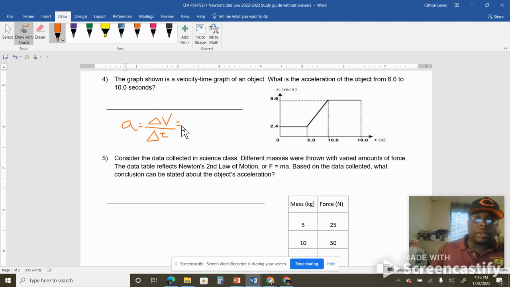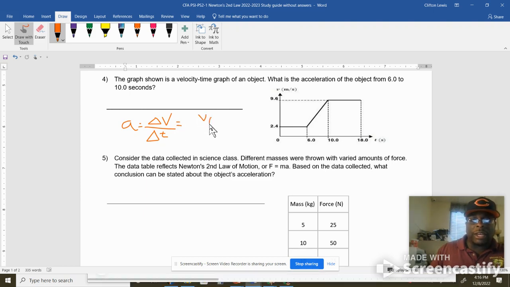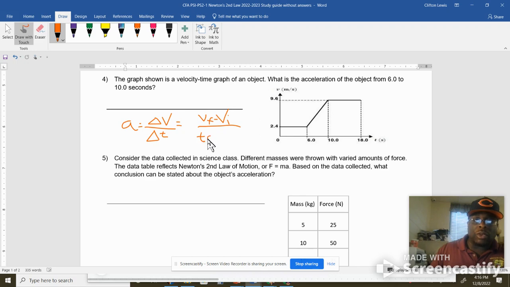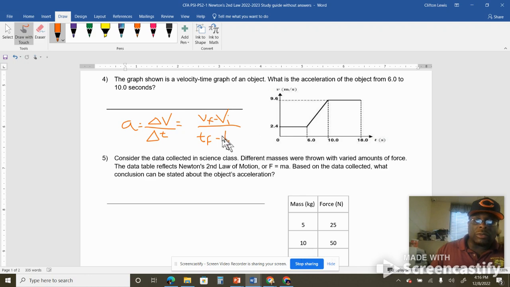I can write that a different way. Acceleration equals the final velocity of the object minus the initial velocity of the object, divided by the final time recording of our measurement minus the initial time recording of our measurement. And I'll plug in the values that I'm given. So I'm going from here to here. So this would be my initial, starting here to here.